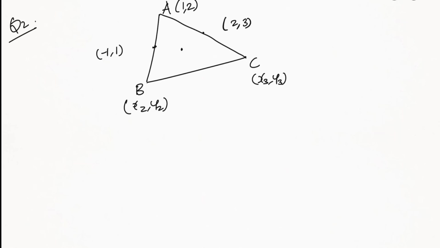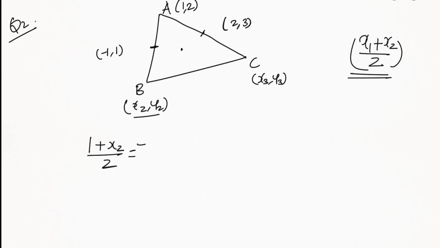How to do that? This is the midpoint of AB. This is the midpoint of AC. If the midpoint is given and one coordinate is also given, we can easily figure out the other coordinate. Midpoint is nothing but the average of two values. Like here, 1 plus x2 over 2 is -1, so x2 is -2, minus 1 is -3.